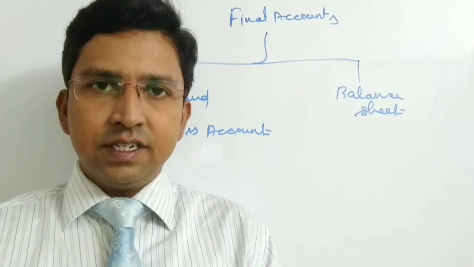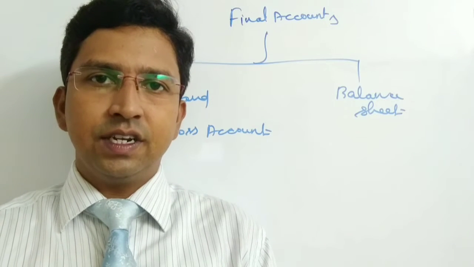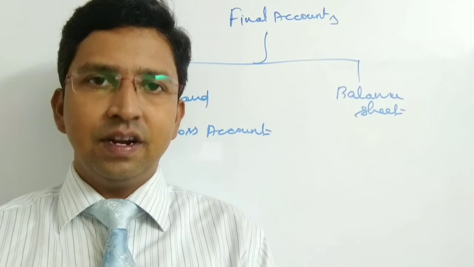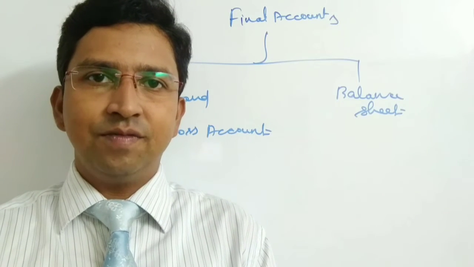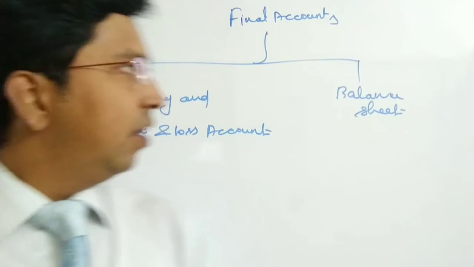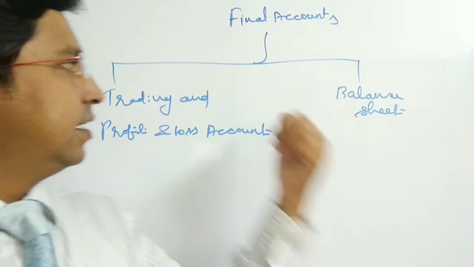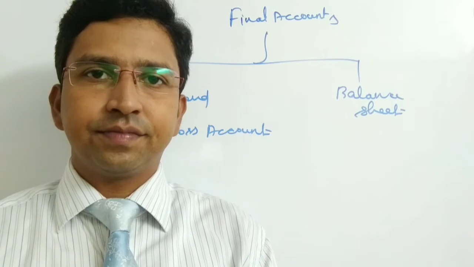If it is a trading company, goods are purchased for resale. If it is a manufacturing company, goods are purchased as raw material for the further manufacturing process. So all kinds of goods related expenditures are shown in the trading account.